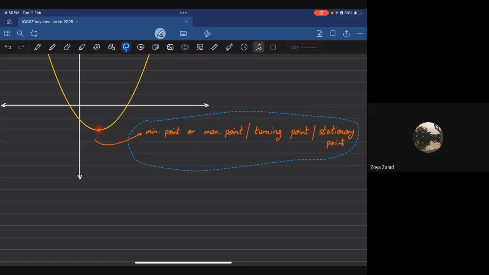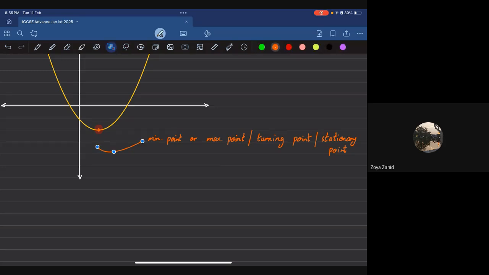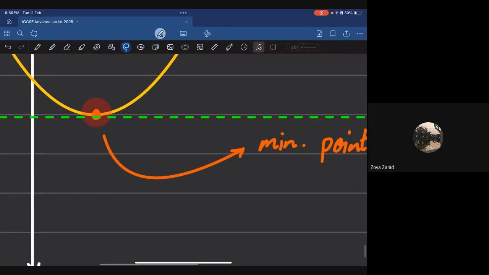So, guys, what Zoya is saying is that there is no change in y. And why is there no change in y? Well, that is because if I were to draw a tangent at this point, it would be perfectly horizontal. Obviously, not like this, but it would be just like this. It would only touch that point. Let's zoom in and see that this is very accurately drawn.